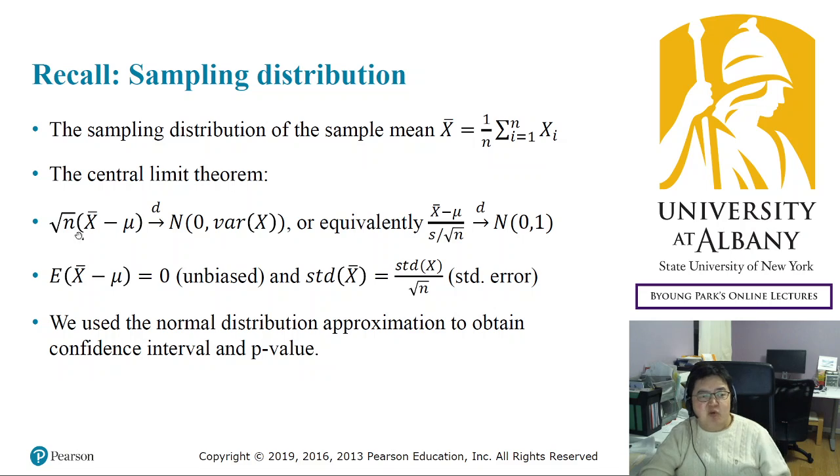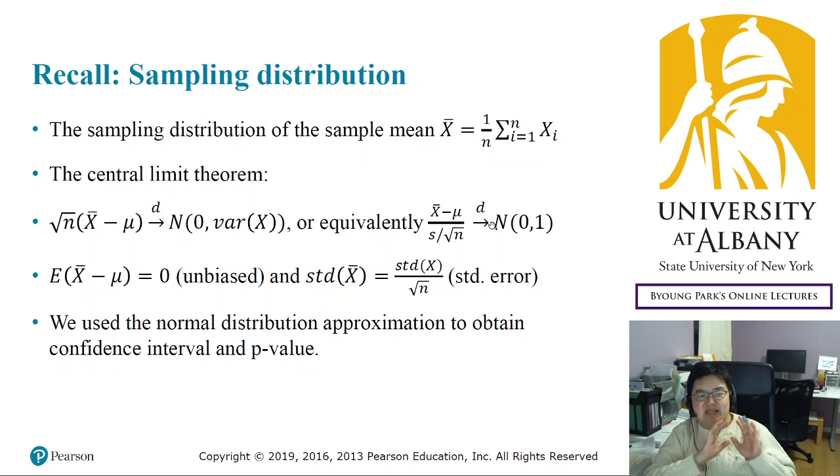Simply speaking, when n is large enough, this distribution can be approximated by a normal distribution. This t statistic is approximately standard normal when the sample size is large enough.